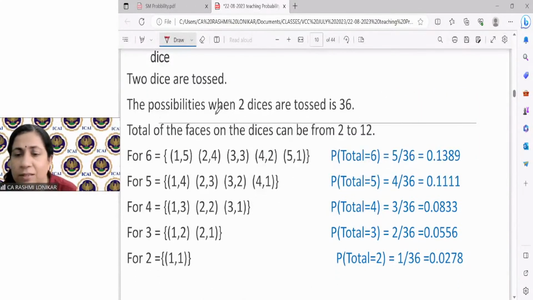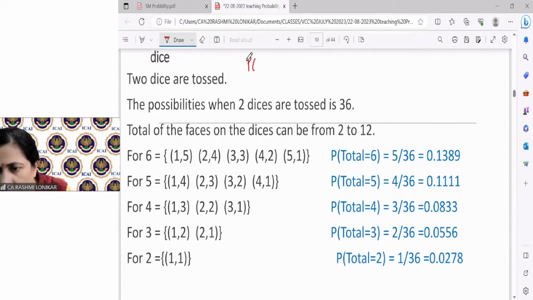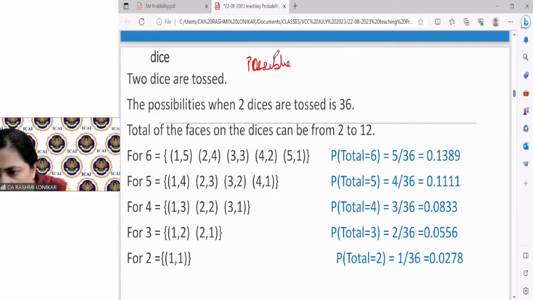Now, when 2 dice are tossed, what are the possibilities? What are the possibilities for 1 dice? It is equal to 6 possibilities. What are those? 1, 2, 3, 4, 5, and 6.